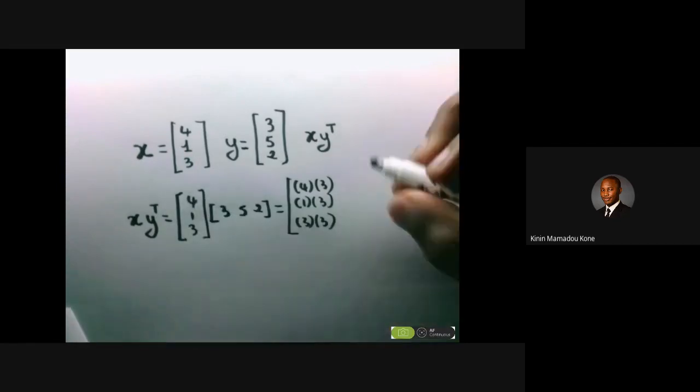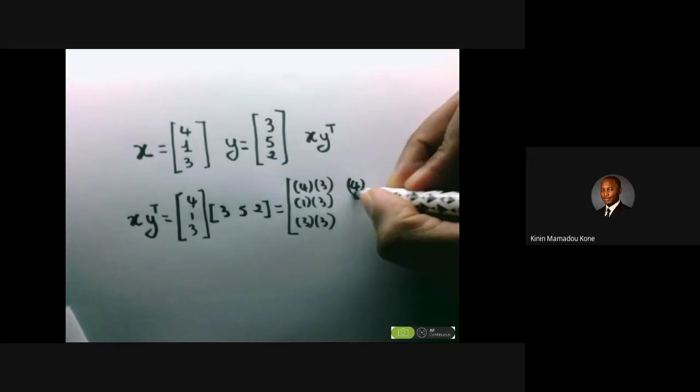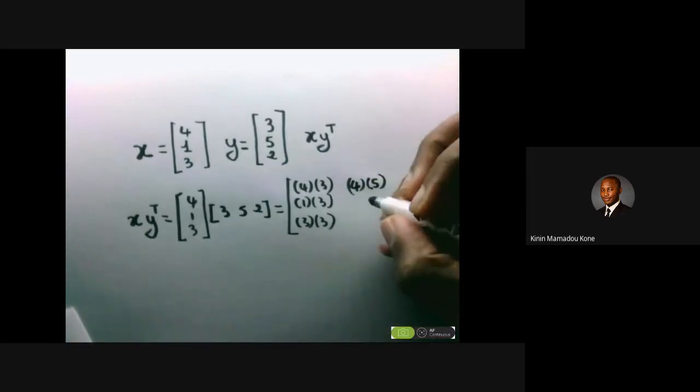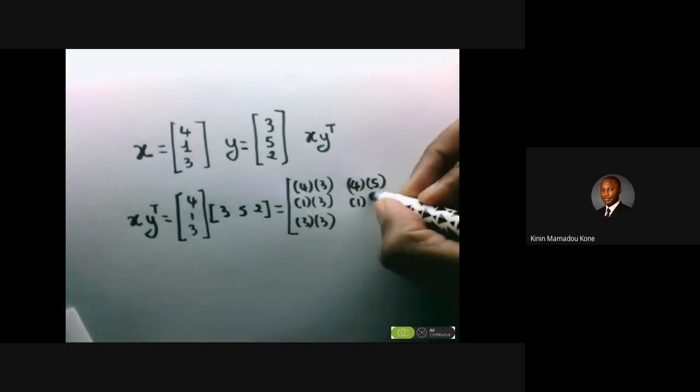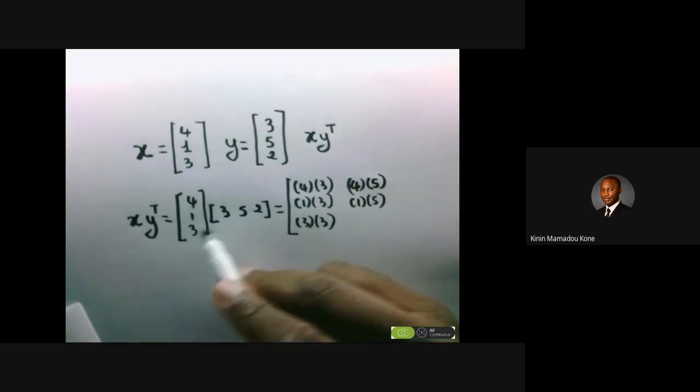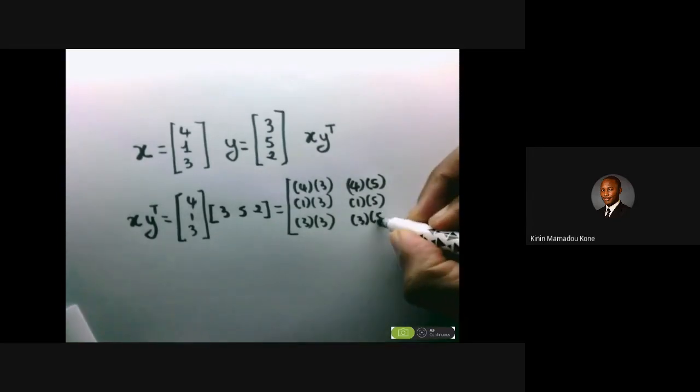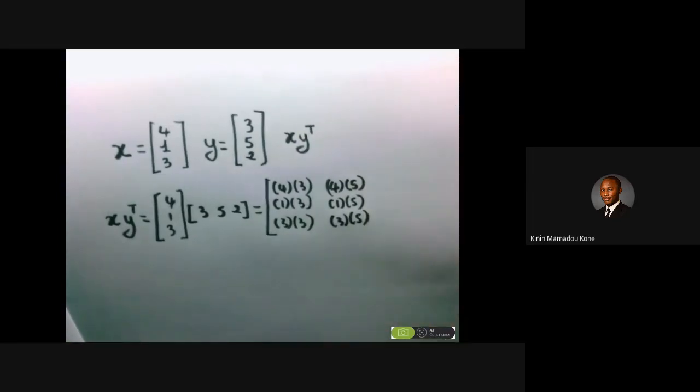So 4 times 5, 1 times 5, and 3 times 5. Next, we're done with this column, and we're moving on to the next column.